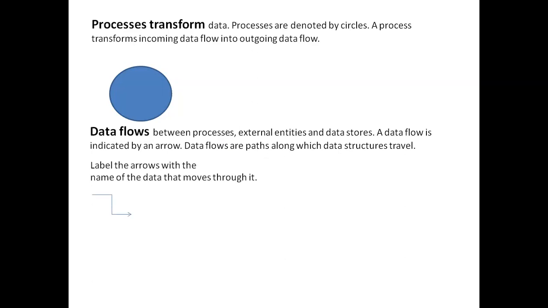Data flows are a path along which a data structure travels. Label the arrow with the name of the data that moves. It means what kind of data is flowing from one entity to a process, or from one entity to another entity or process, and we can label these arrows.